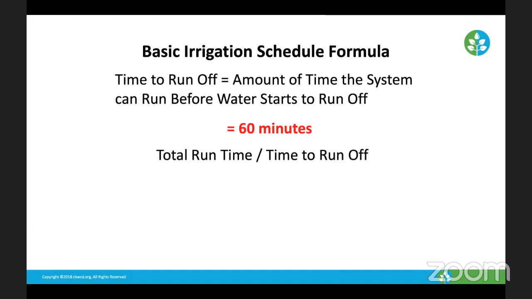We take the total runtime in minutes, which was 239 minutes, and divide it by the time to runoff, and that tells me 4 hours. So now we have other options. You can see how much research we've gone through to come this far, when a lot of people just ask, I have a drip system, how long do we run?